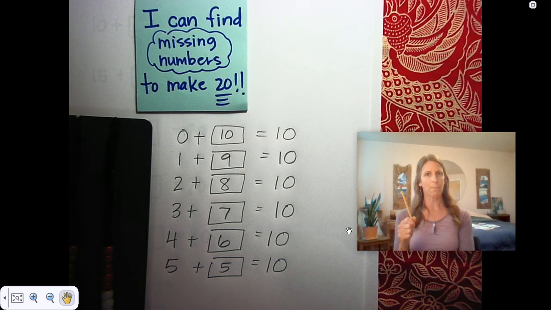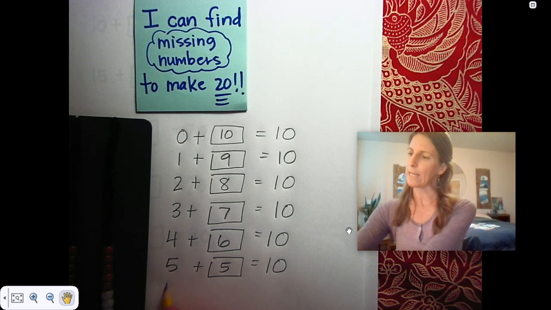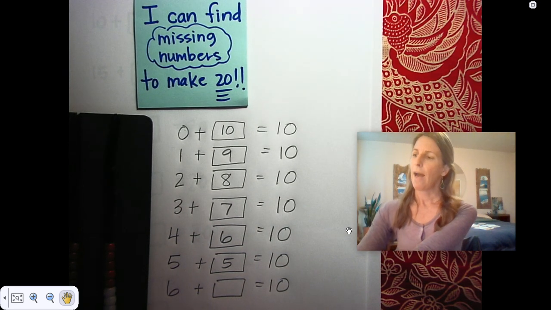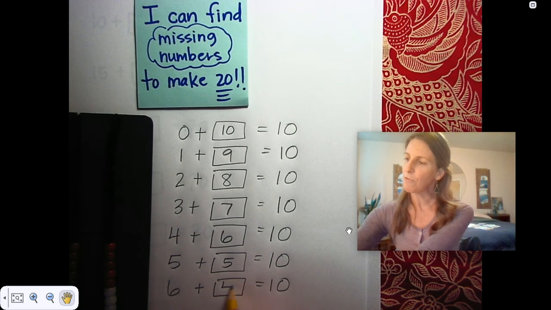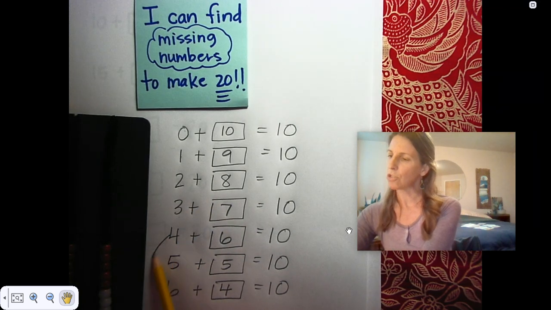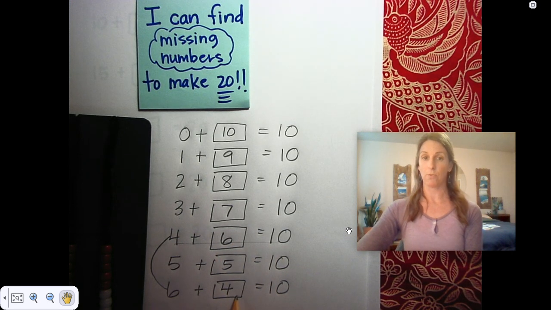And I'm going to stop right there because if I kept going with 6 plus some number to equal 10, that's right, it would be 4, and that is the match with this equation right here. This was 4 plus 6, and this one was 6 plus 4.